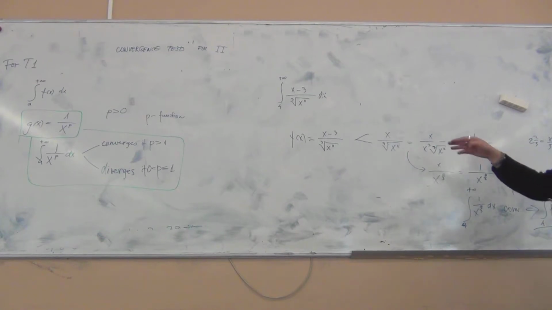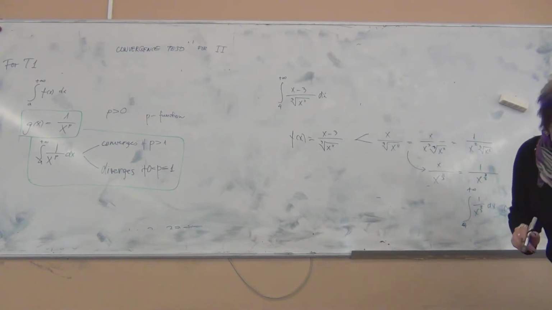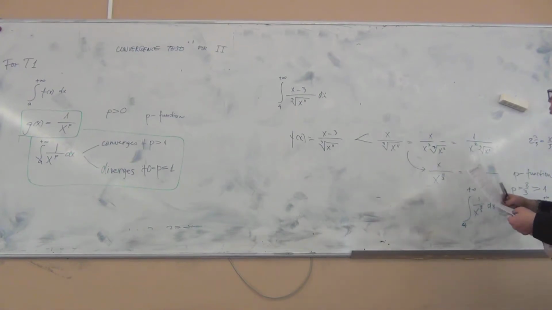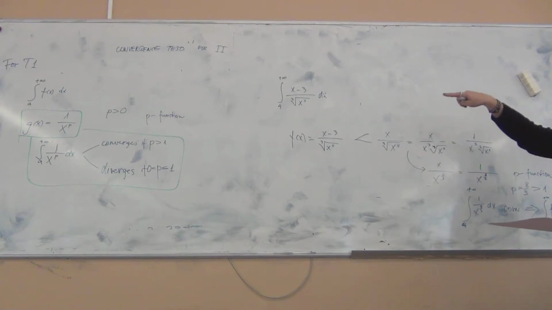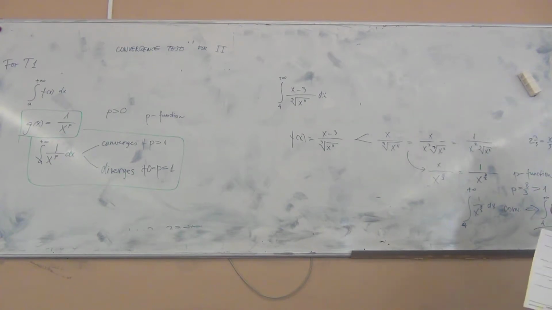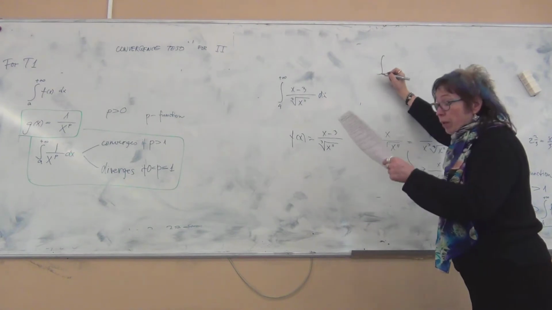We don't have to think, will this be greater, will this be less. That might cause problems, and if you get stuck with the first comparison test, then by all means attempt to use the second comparison test, which in many cases is more efficient.